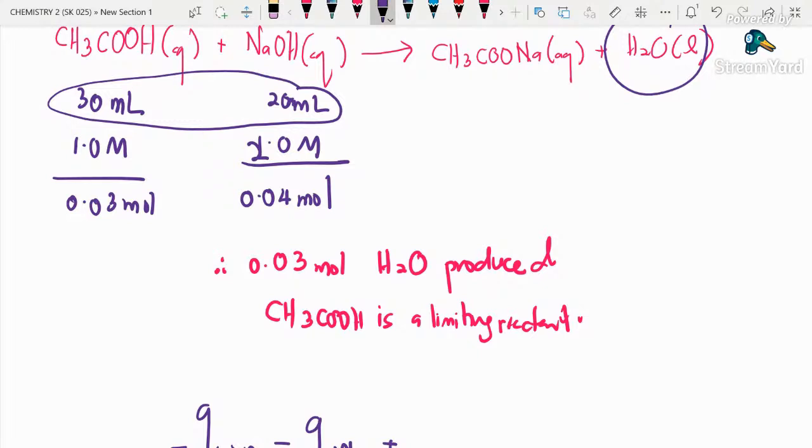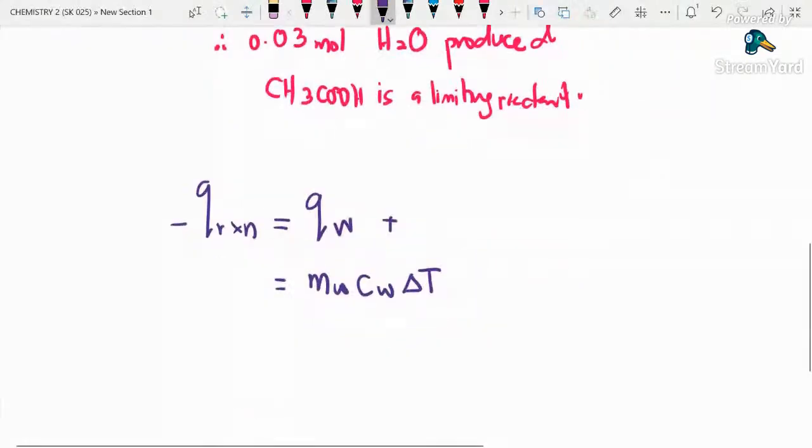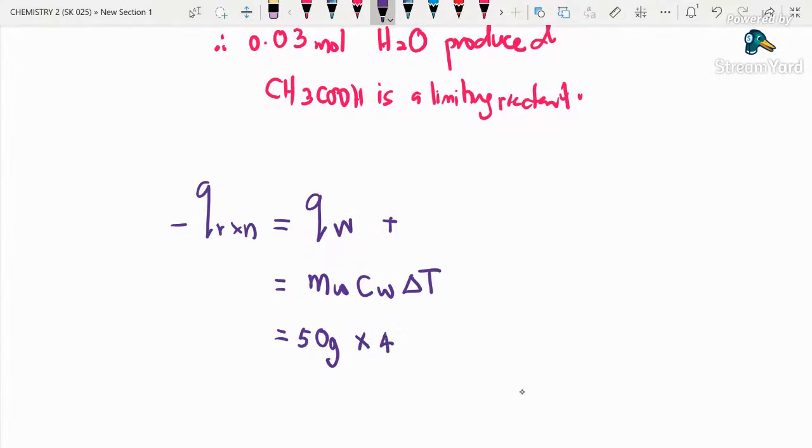Density of water is equal to 1. So kalau 50 ml, dapatlah juga 50 gram. Darab 4.18 darab apa? Delta T. Dia 28 kan? 28 tolak 25.